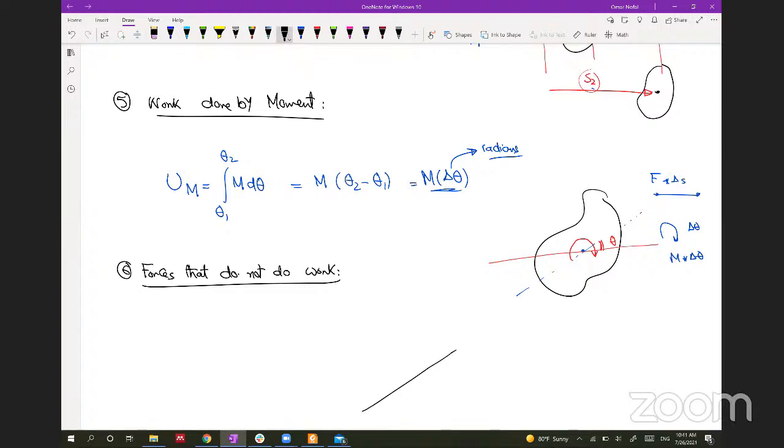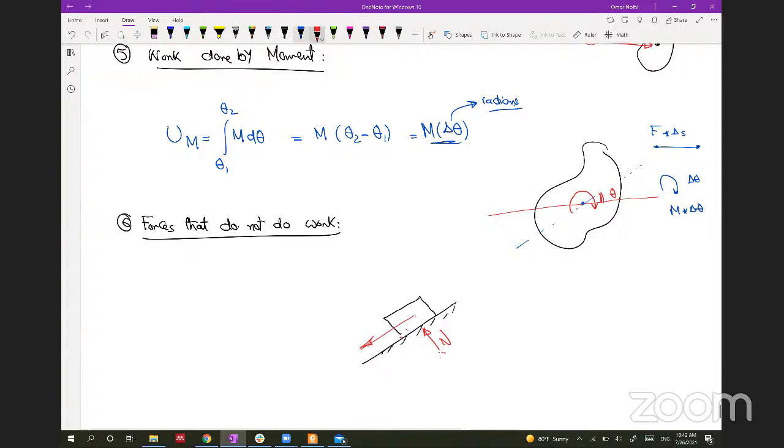Let's assume that we have our rigid body here and we have a normal force. So this rigid body is moving this way and the normal force is perpendicular, so the normal force will not be exerting any work because it's perpendicular to the motion direction.